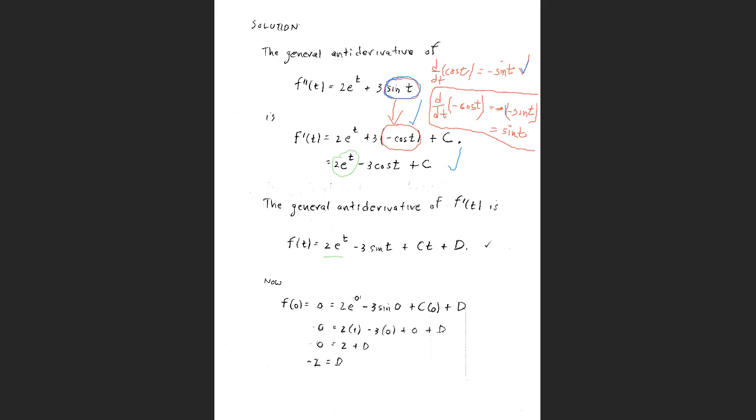The antiderivative of 3 cosine of t is just 3 times the sine of t, which is right there. The antiderivative of this constant c is just c times t. And then we have to add a constant, so we add a plus d. Okay, and this is the general antiderivative.